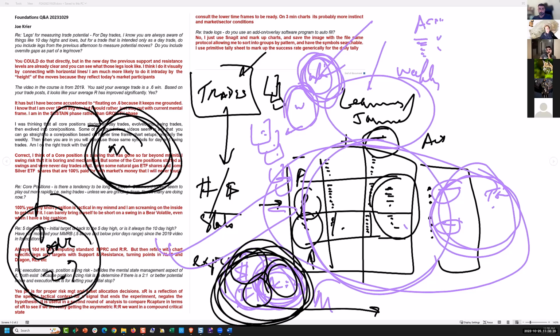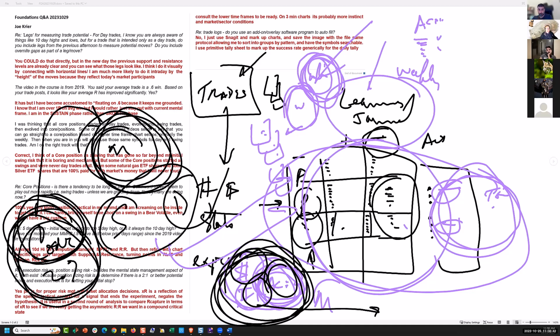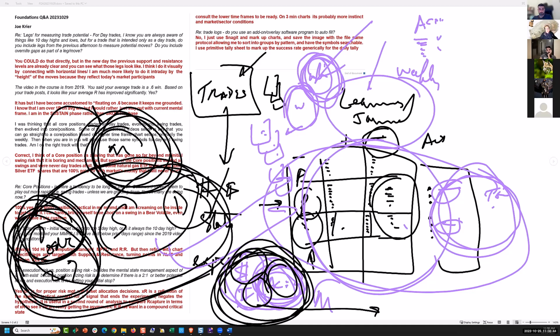So I have to do that. So on the monthly basis, I actually have to think of the core, the swing, and the day trading. And the monthly is how I get everything completely reset and integrate the way I'm thinking about core, swing, and daily. And that's how I reset my brain.